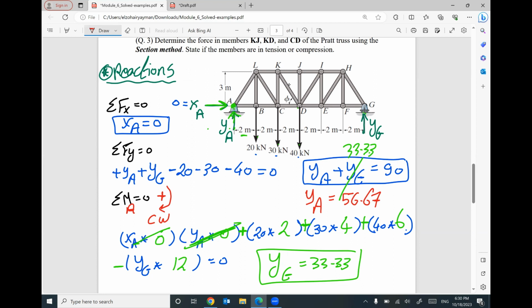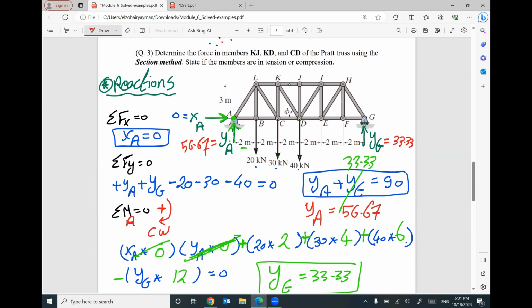That makes sense, yes. So this reaction YA is correct direction, 56.67. This YG correct direction because you have a positive value, 33.33.